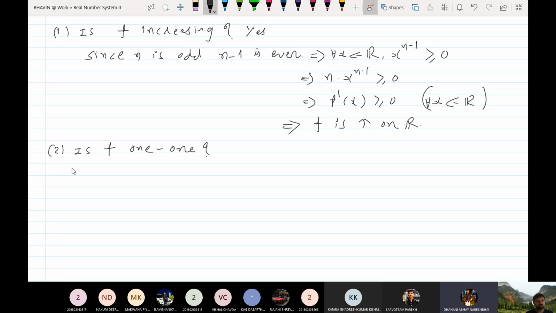Why is it one-one? Give me the reason. f(x1) is equal to f(x2), so x1 is equal to x2 will follow. That is true, but how can you say it is one-one? Can you say from this?